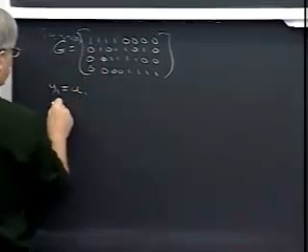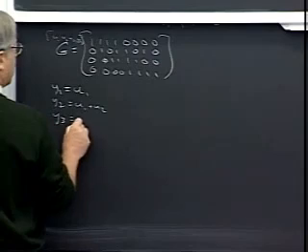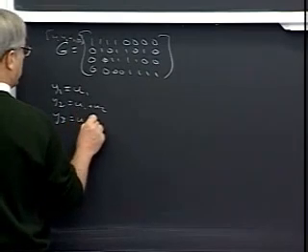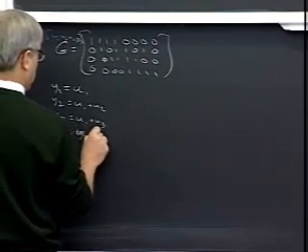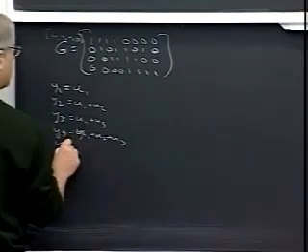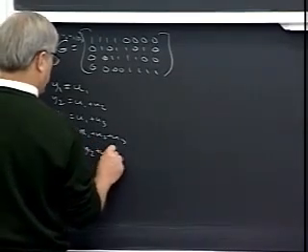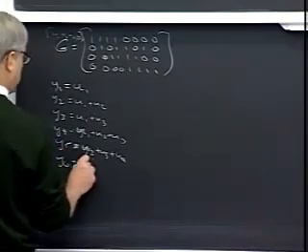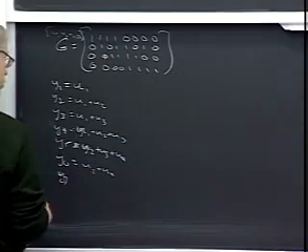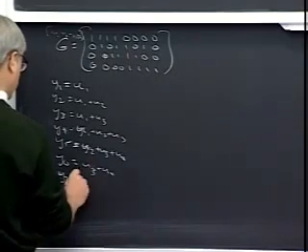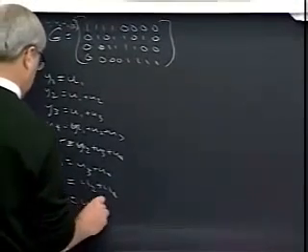So y1 is u1, y2 is u1 plus u2, y3 is equal to u1 plus u3, y4 is equal to u1 plus u2 plus u3, and so forth. y5 is u2 plus u3 plus u4, y6 is u2 plus u4, y7, I jumped one here. This is u3 plus u4, y7 is u2 plus u4, and y8 equals u4.